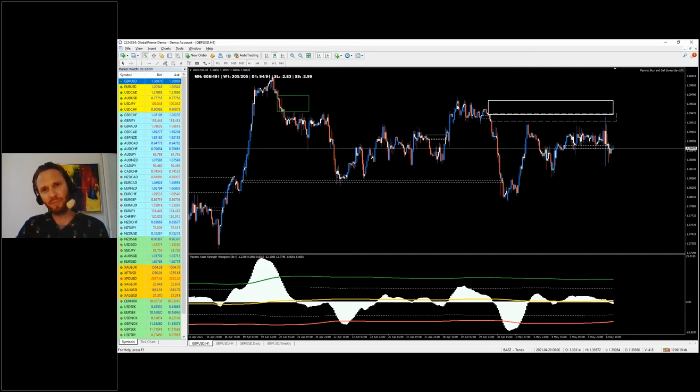Price poked up into the area, and what's essentially going on here is that the people who are looking to buy and sell want to do so at price points where they know the market is going to move. But at the same time, they don't want to put the whole order in at once. So they have a little order here, another one here, another one here, and so on and so forth.